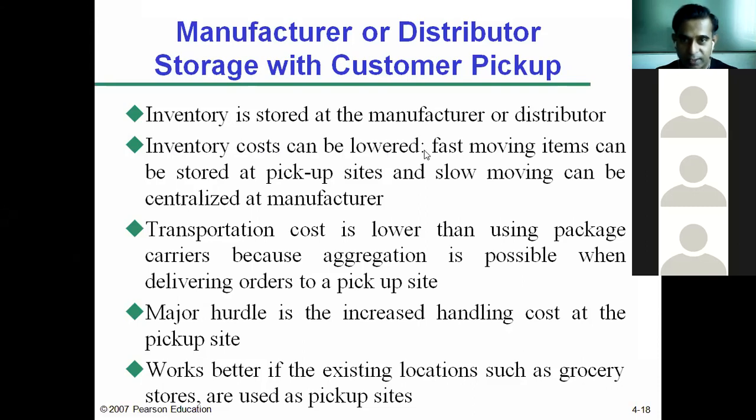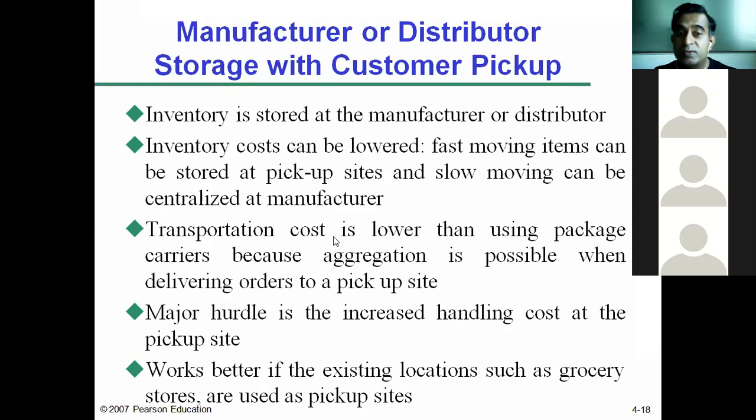Fast moving items can be stored at pickup sites, and slow moving items can be centralized at the manufacturer. So this way the total inventory held will be lesser.